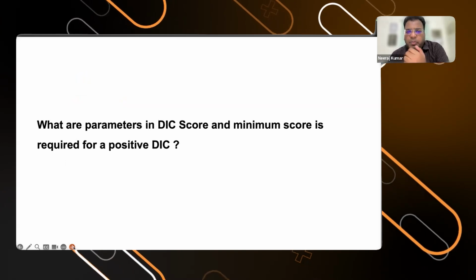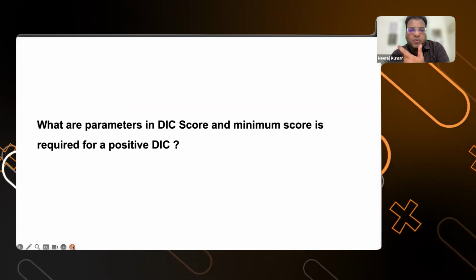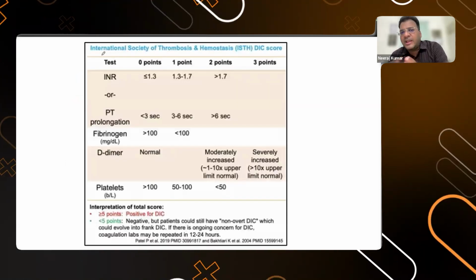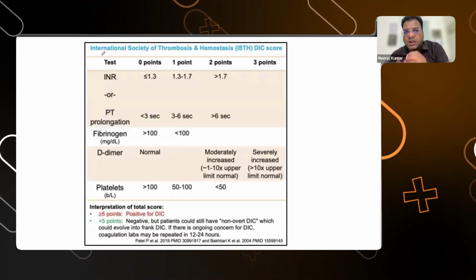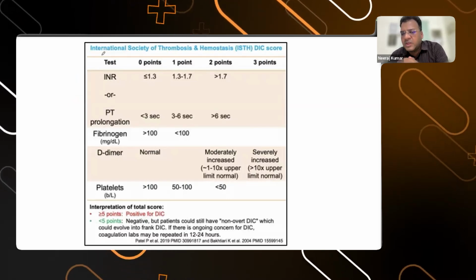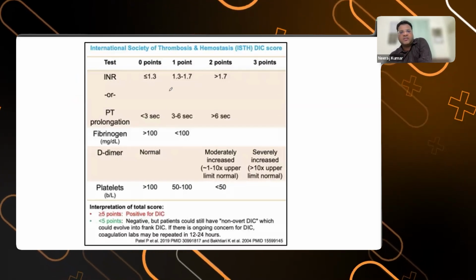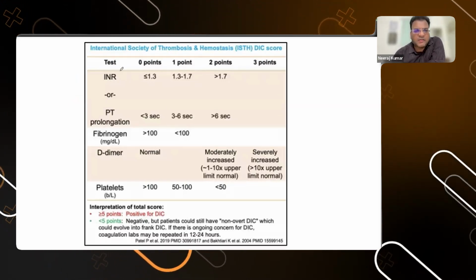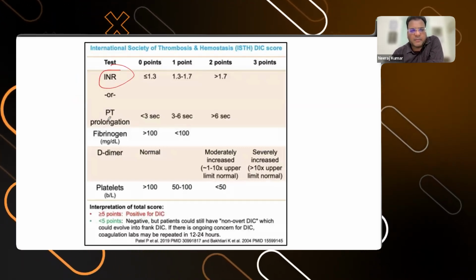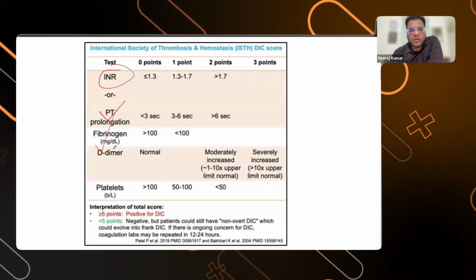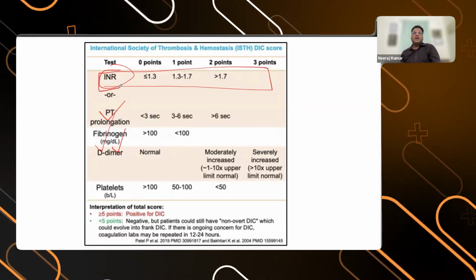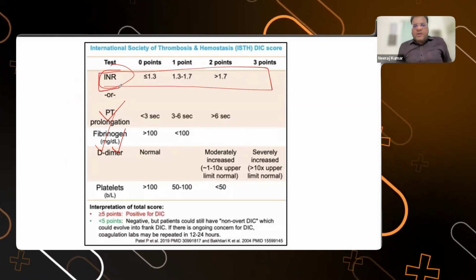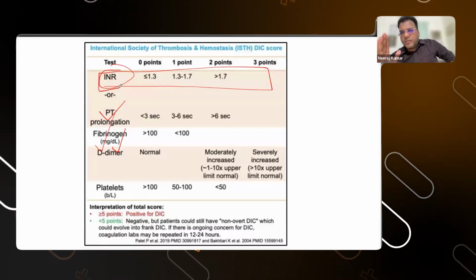Now coming to the parameters like the DIC score and the minimum score I was talking about. As per the ISTH classification, the International Society of Thrombosis and Hemostasis DIC score, the components are INR or PT prolongation, fibrinogen, D dimer, and platelets. If the INR is more than 1.7, the score will be only 2.